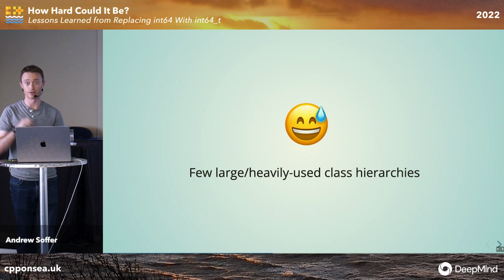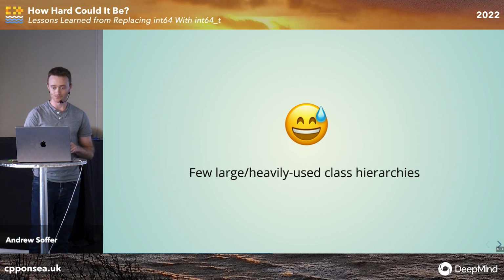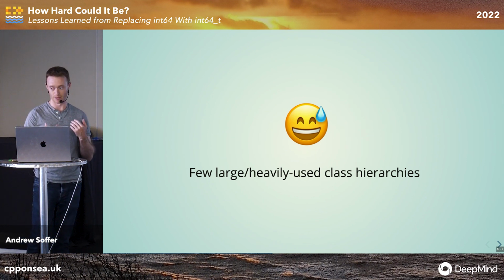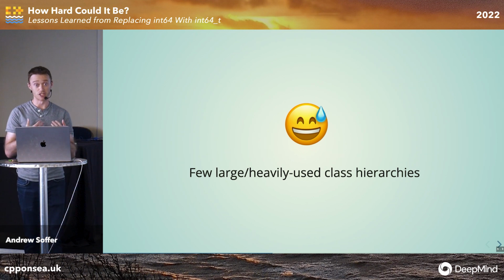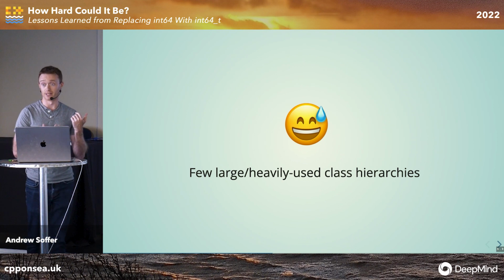Right? There were class hierarchies that we had to worry about, but they weren't particularly large ones, and so doing this by hand was a pretty manageable thing to do. I consider this a place where we got lucky because I don't really see a reason why we didn't have large class hierarchies. We do have them, they just didn't use integers. I suspect that if we did a similar thing and we were working with changing a string type instead of changing an integer type, we would have run into this a bunch.